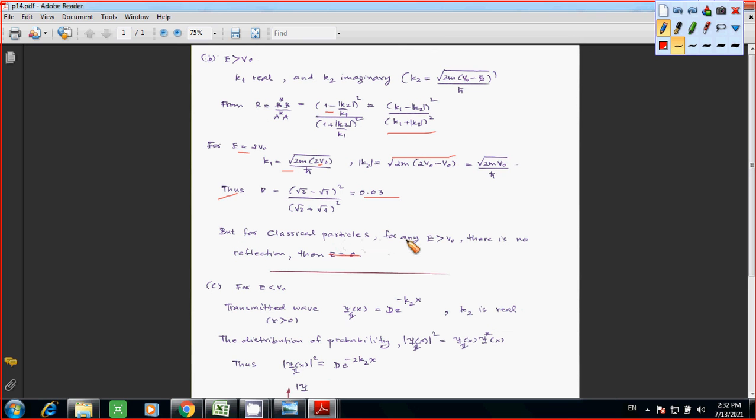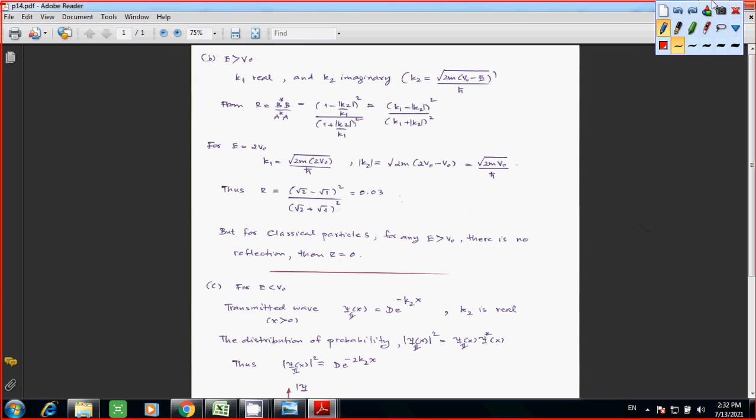But for a classical particle, for any E greater than V0, there's no reflection, so that's different. This one still has both reflection and transmission. For a classical particle, R has to be equal to 0. For E greater than V0, it just transmits into region number 2, no reflection. But for the wave or particle here, some of them still have reflection.